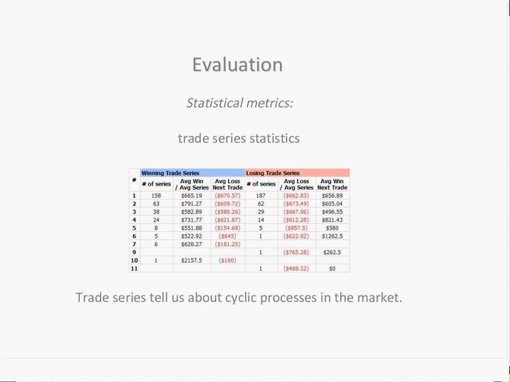A trading series of one winning trade means that after this one winning trade, the next trade was a losing one. A series of 2 winning trades means that after 2 winning trades, the next one was a losing trade. Okay.